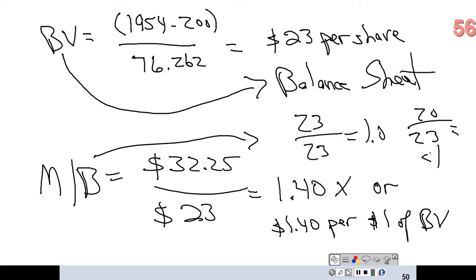What this means is, and we talked about this way back in chapter 1 when we talked about takeovers, we said when a company's stock price gets low, it becomes a takeover target. So, for example, if I'm looking at a company and I see that its market to book ratio is less than 1, what that means is theoretically, I could buy all of the stock of this company for $20 per share on the stock market, then essentially sell off all of its assets, pay off all of its debts, and make $23 per share.